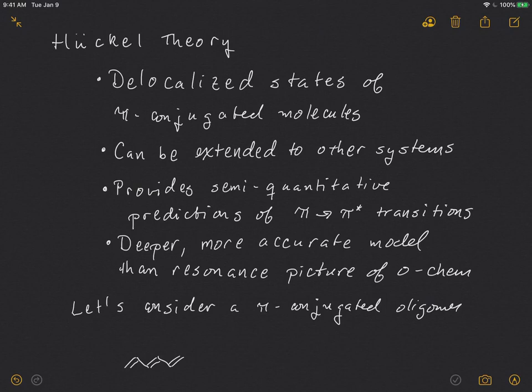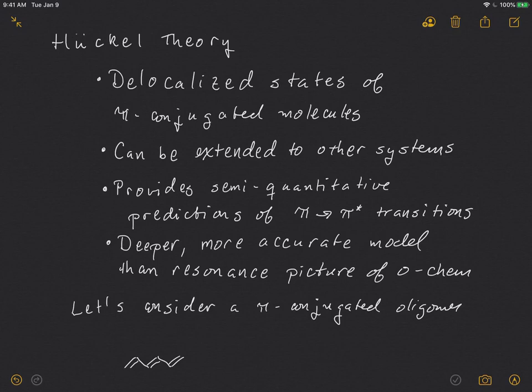This provides some semi-quantitative predictions of pi to pi star transitions, which can be very useful for predicting the properties of various pi conjugated systems.